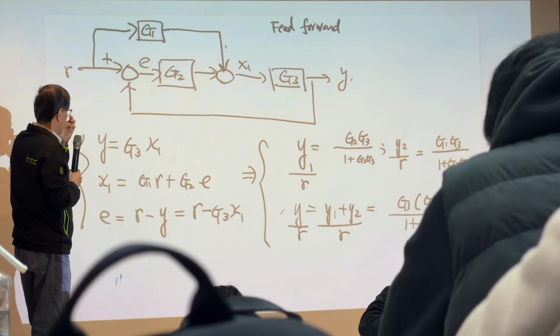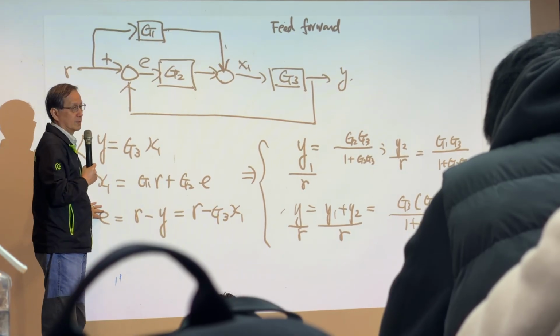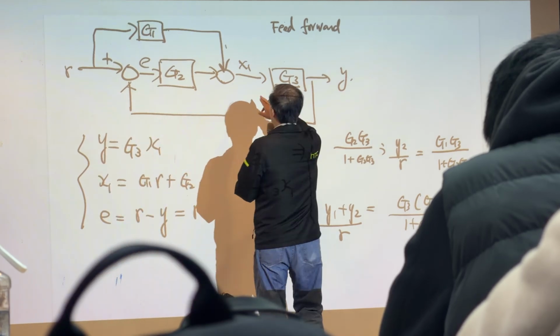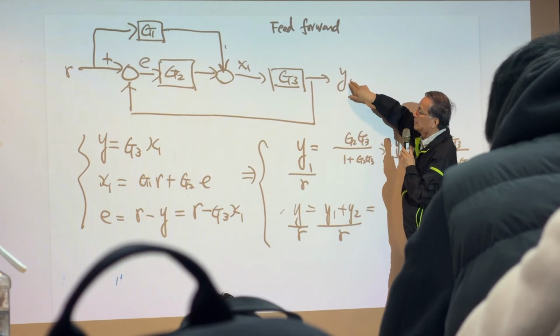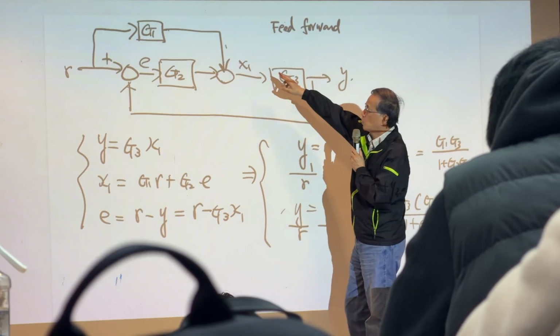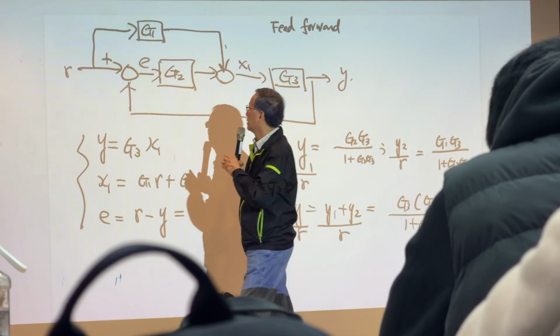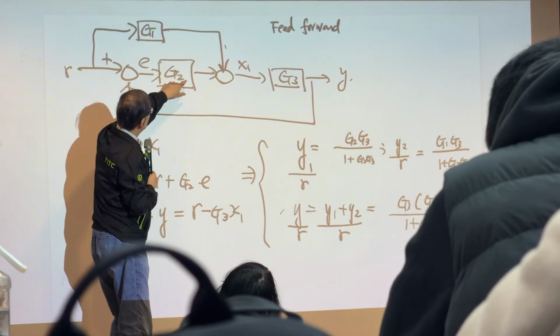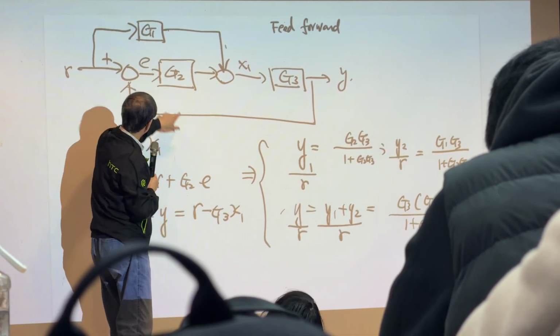Now, you can solve this equation if you want to do this. Now we say, let's put an x1 here. And y equals G3 times x1, right? And then x1 equals G1R plus G2E, sorry, E is here.